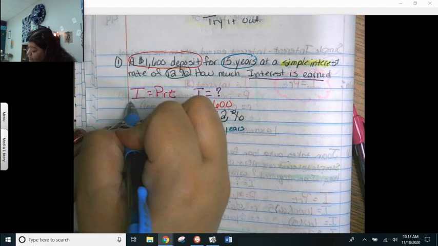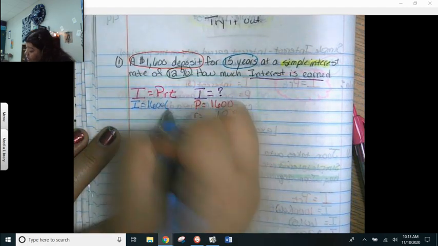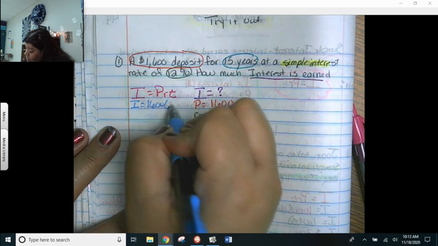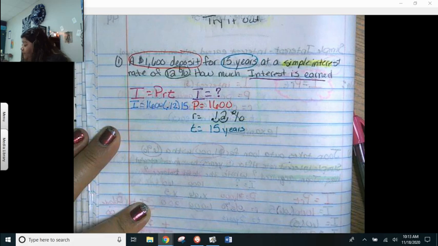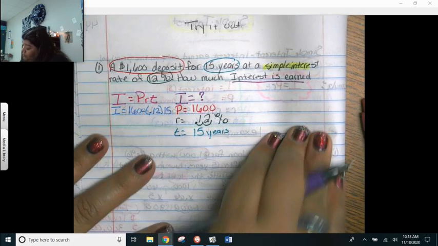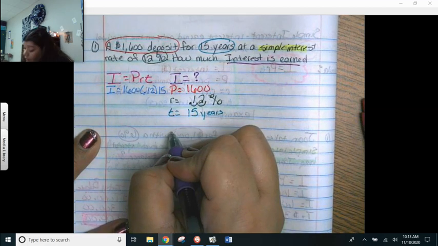My I is unknown, so he stays the same. P is 1,600. R is 0.12. And T is 15. Okay, and I'm going to go ahead and start multiplying. I'll do it down here. You can see it.